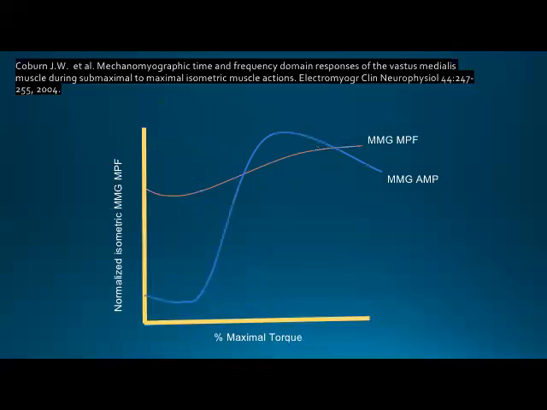So we can see that between about 40% and 75%, both recruitment and firing rate are going up. And then after about 80%, we'll see firing rate continues to at least stay the same, if not go up a little bit, whereas our MMG amplitude signal, whether it's because of de-recruitment or because of stiffness or changes in compliance, is going to go down.